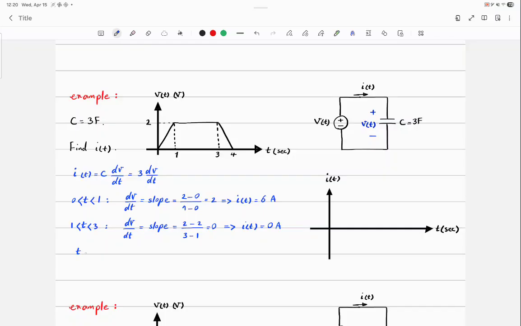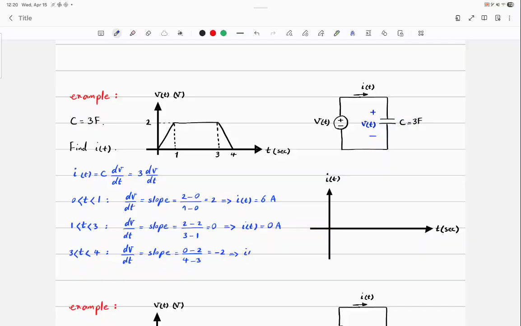And for t between 3 and 4, dV over dt is equal to a slope, which is equal to 0 minus 2 divided by 4 minus 3, which is equal to negative 2.